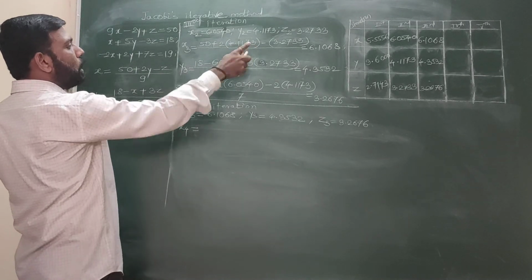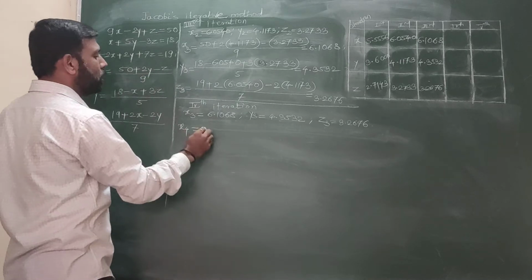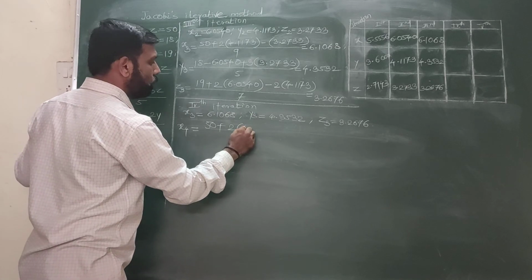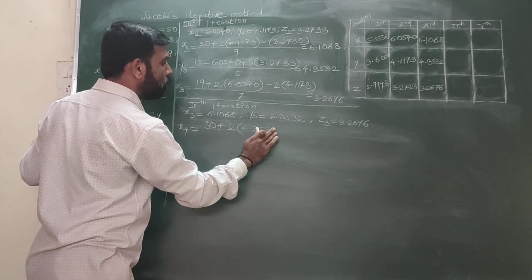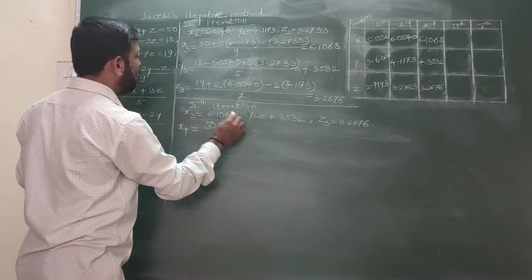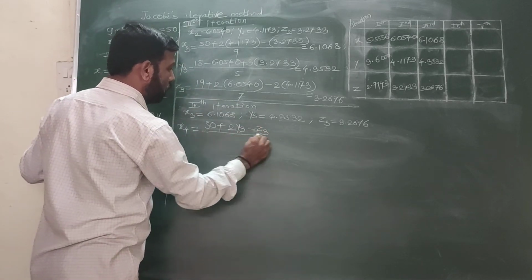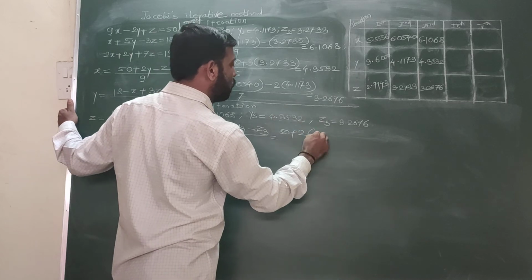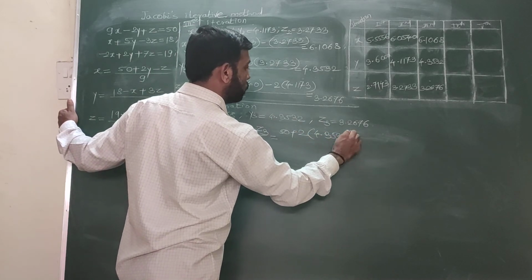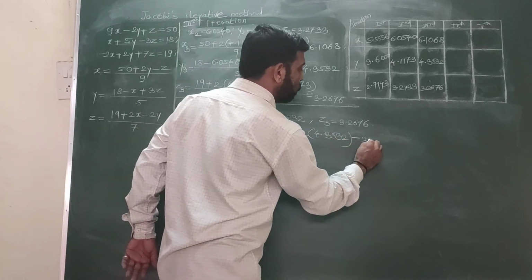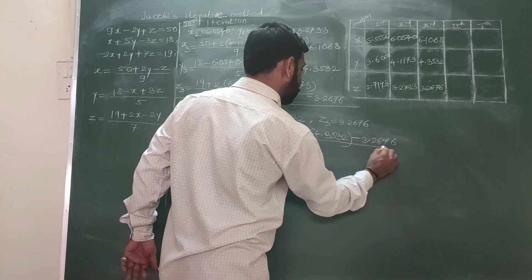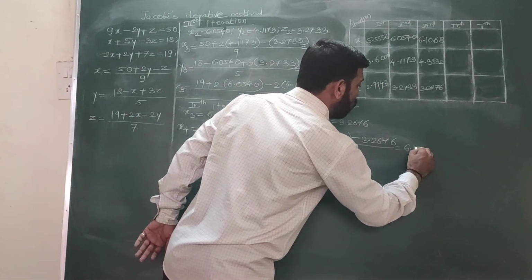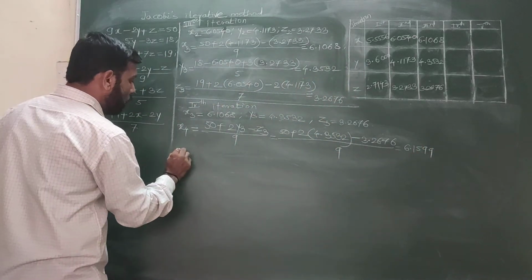Now here I put in the values directly, or instead you can write the notation: 50 plus 2y3 minus z3 upon 9. The output of this is 6.1599, x4.